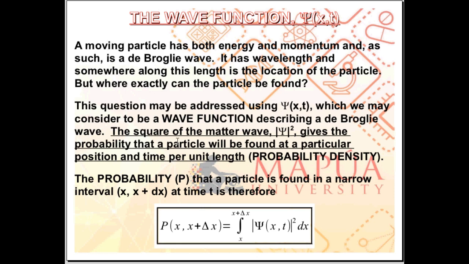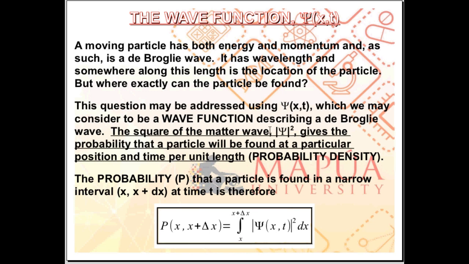It is the square of the matter wave, the square of the amplitude, the square of the wave function, the absolute value of psi squared, that gives the probability that the particle will be found at a particular position and time per unit length, what we refer to as the probability density.